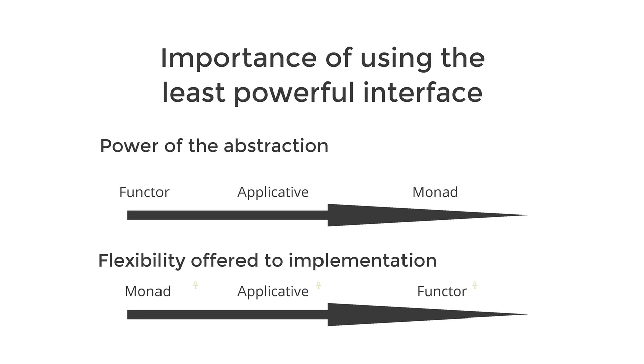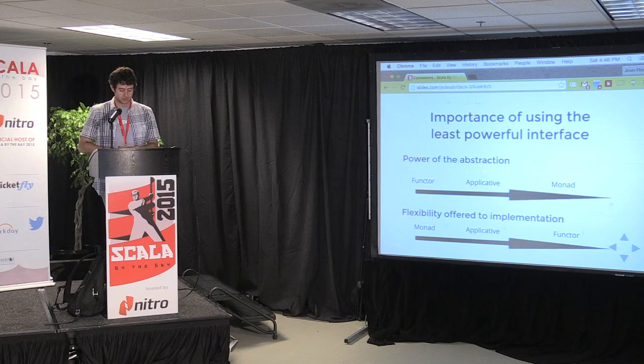This slide is just to talk about the importance of using the least powerful interface, like I alluded to before. The more powerful an abstraction is, the less flexibility you have when you're implementing instances of that abstraction. Monad is very powerful.